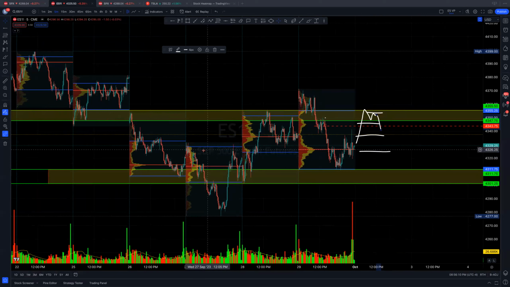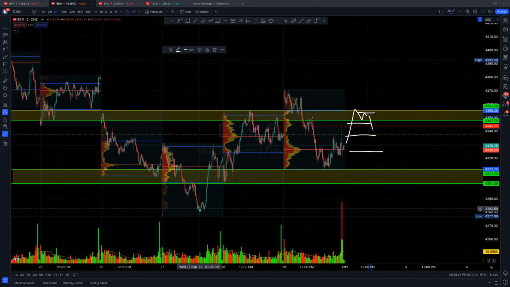We had value being held up here at these highs, while price was all the way down here. And we had a lot of other tickers basically showing value was being held above. So this was telling me, okay, this is a potential fake breakdown. We could see a potential move to the upside.